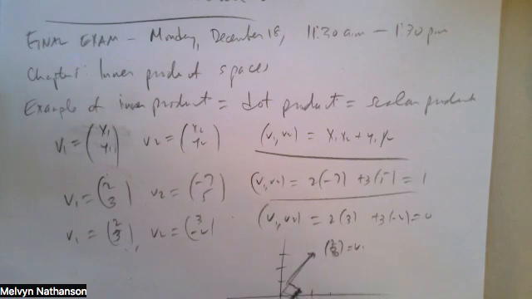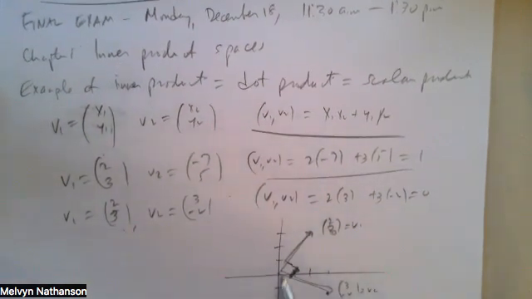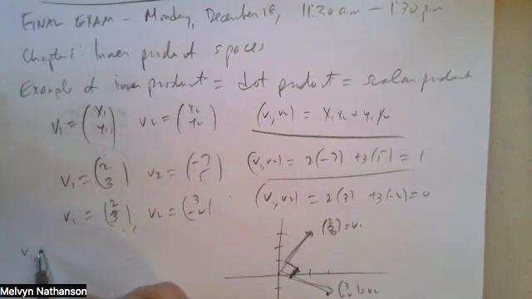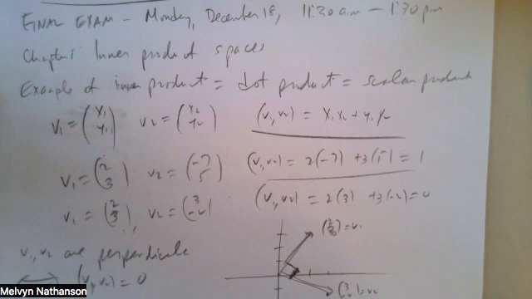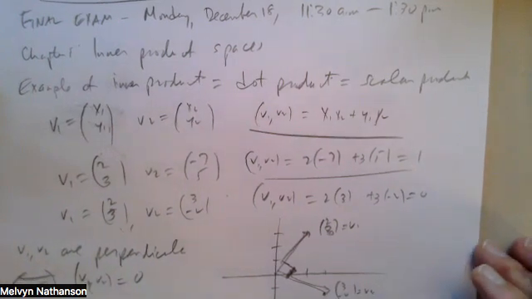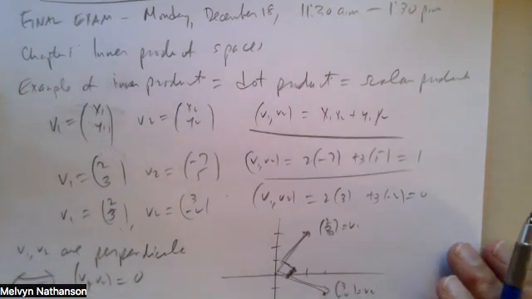And in fact, if you draw it carefully, these vectors are perpendicular. For the ordinary scalar product, non-zero vectors v1, v2 are perpendicular if and only if their inner product or dot product is 0. So again, if you took vector calculus, you're very familiar with this.